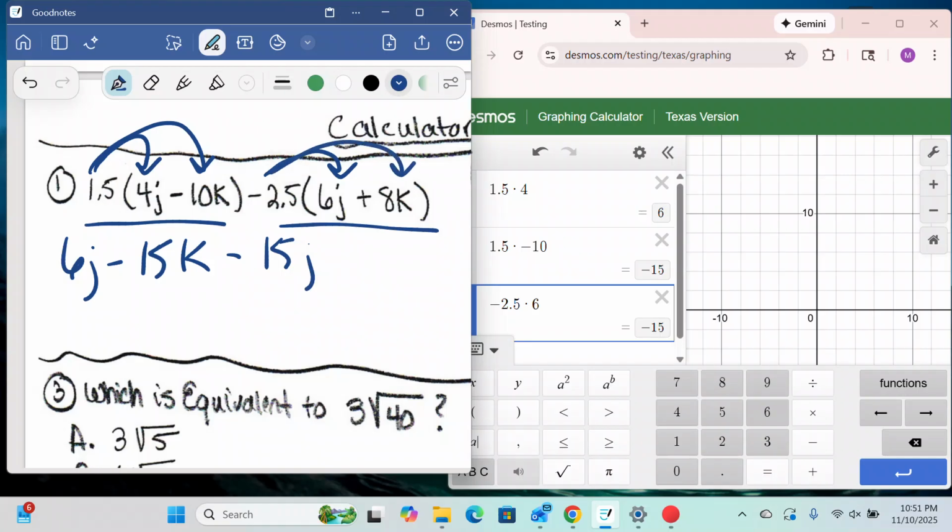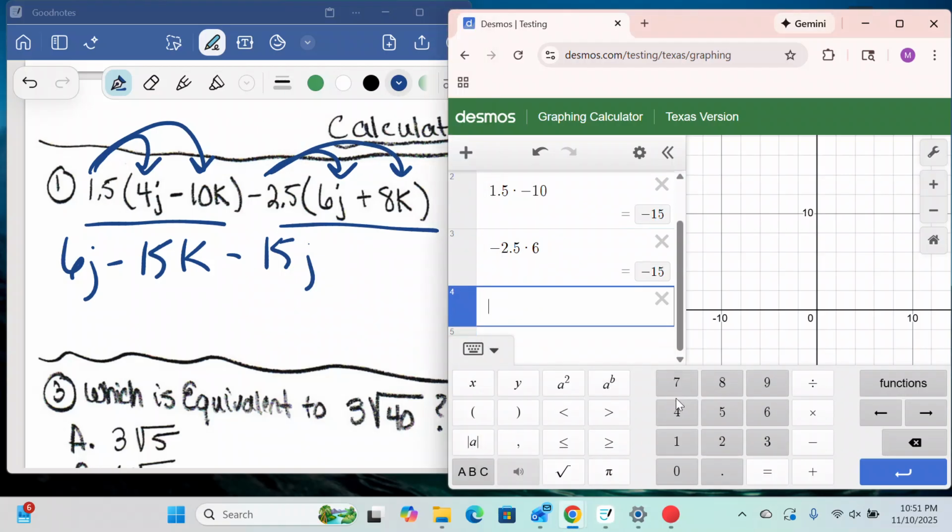And then I'm going to distribute negative 2.5 times 8. I'm going to put that one in Desmos: negative 2.5 times 8. And that gives me negative 20k.